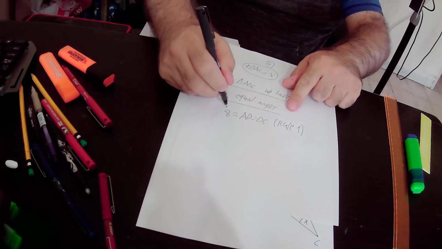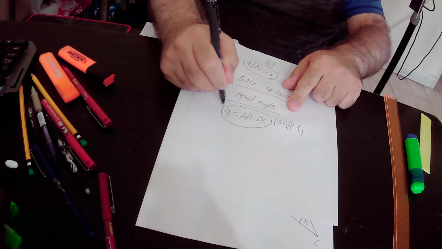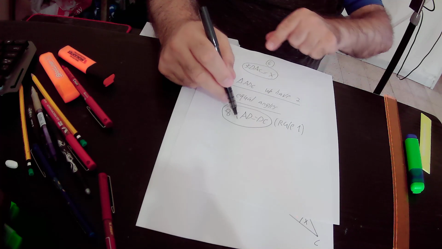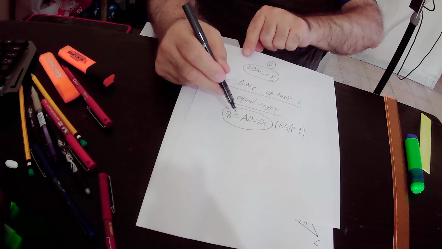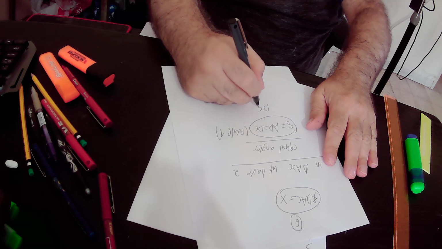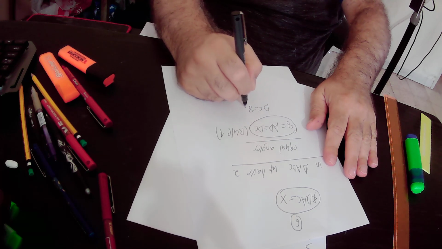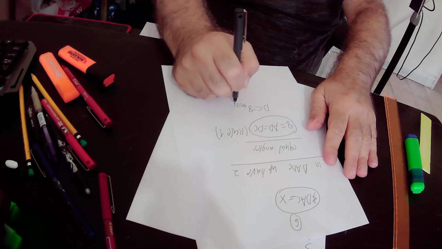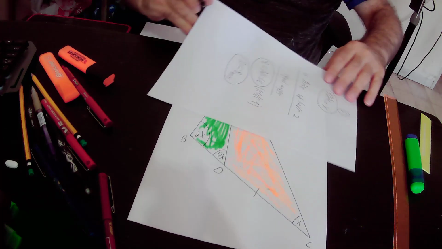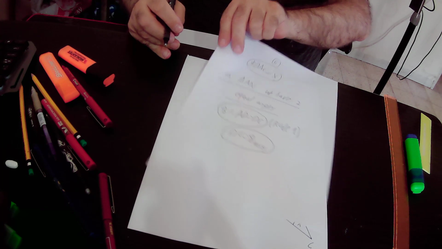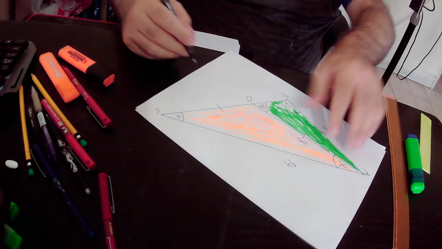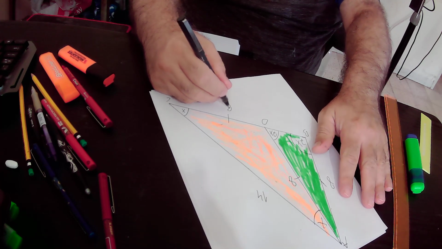So from this equality, we can deduce that DC also equals 8 units. So we can write here that DC equals 8 units.